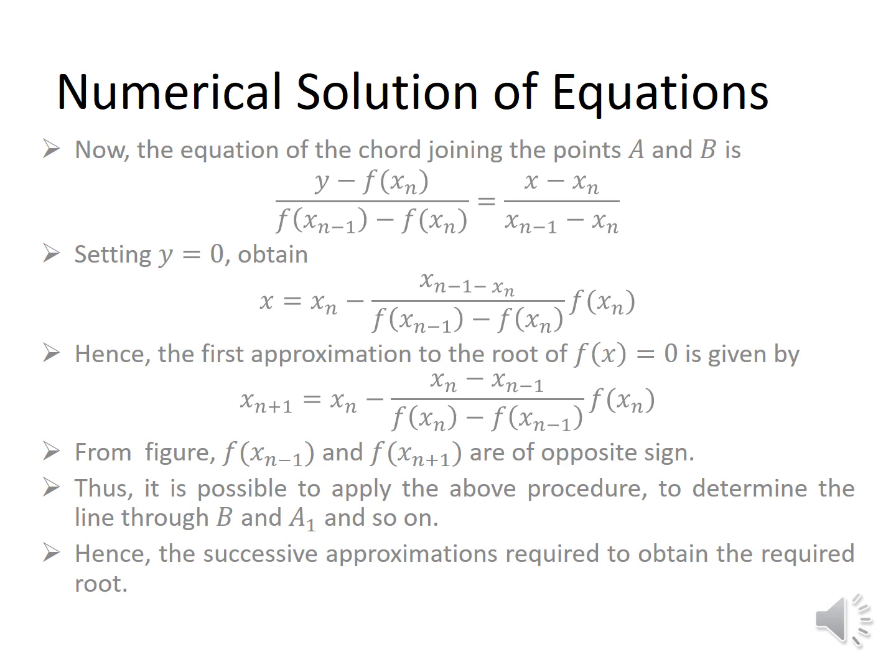And you can change this equation into xn plus 1 according to our figure, our new point. From the figure, fn minus 1 and f xn plus 1 are of opposite sign. So it is possible to apply the above procedure to determine the line through B and A1 and so on. The successive approximations are required to obtain the required root.